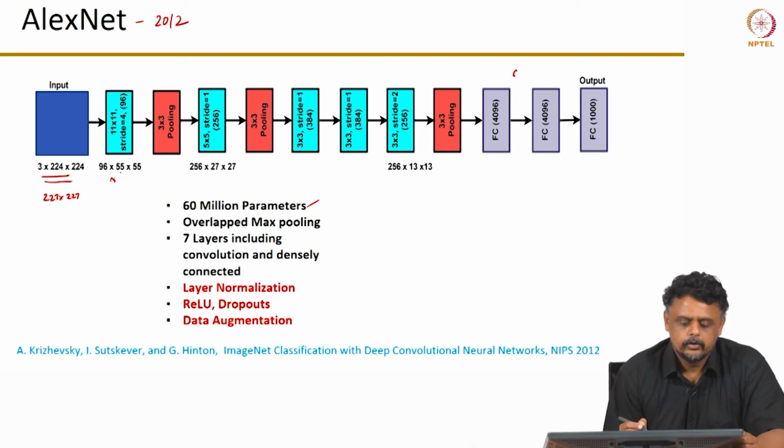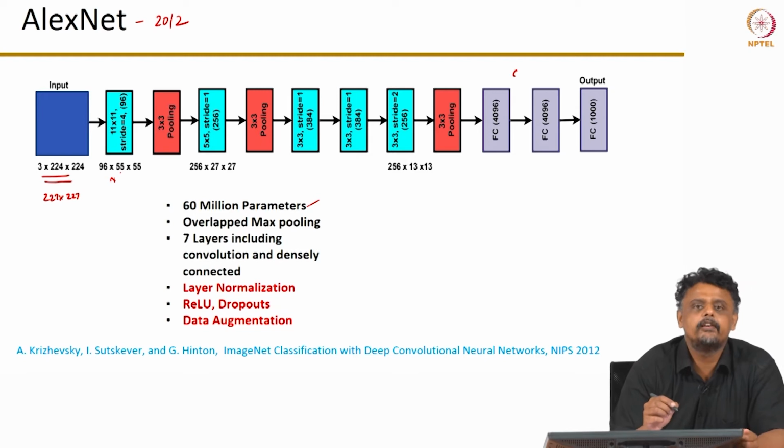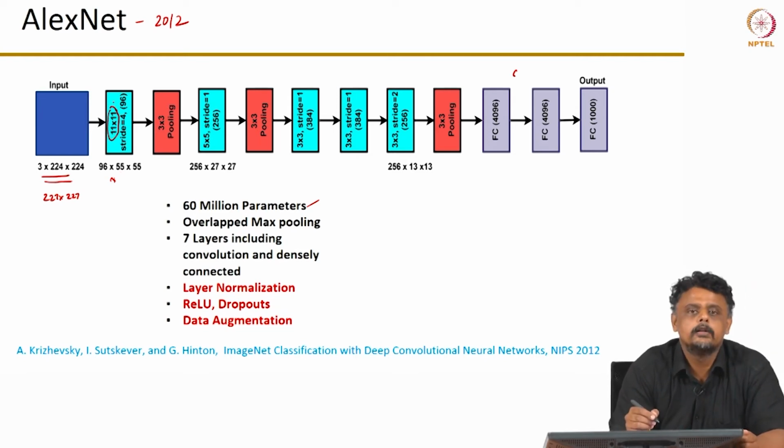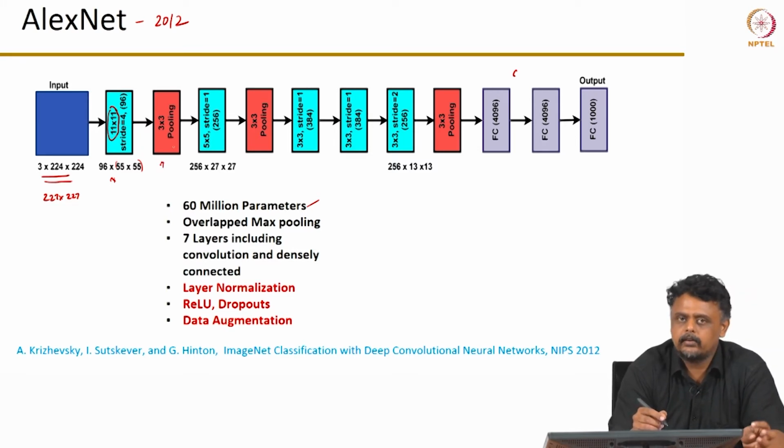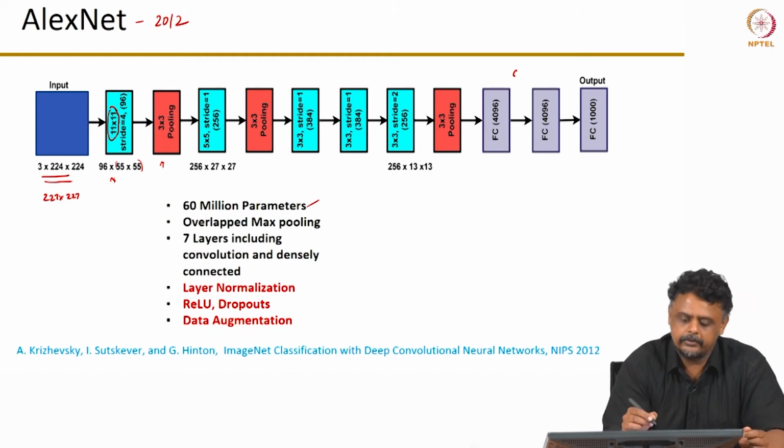The first convolution layer had an 11 cross 11 filter with a stride of 4, giving rise to 96 feature maps of size 55 by 55, and then we have a max pooling operation using a 3 cross 3 kernel and a stride of 2, which effectively halves the size of your feature maps, again followed by 5 cross 5 convolutions.